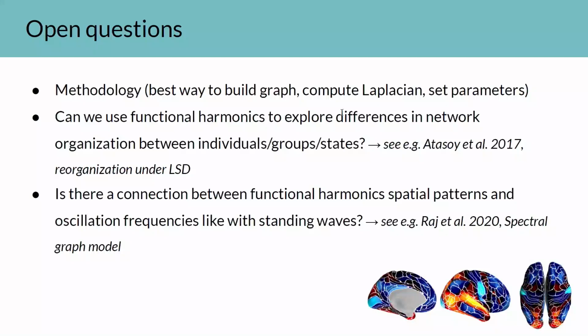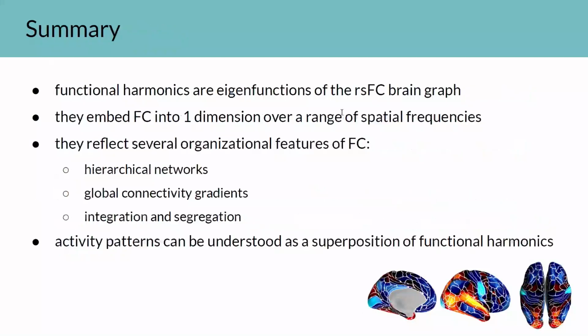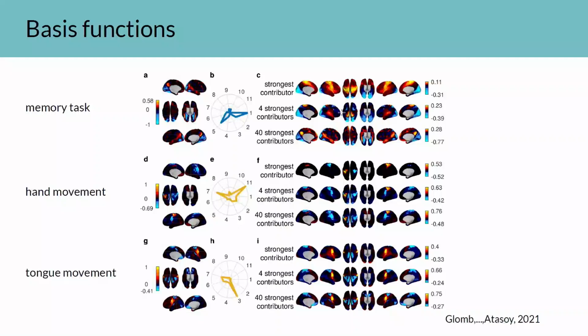Okay, and next question is, how much of the variance in the data is explained by the first 100 functional harmonics that you mentioned? I don't have the numbers in my head, but it differs depending on the pattern. So, for example, for the motor tasks, we have functional harmonics that represent those very nicely.